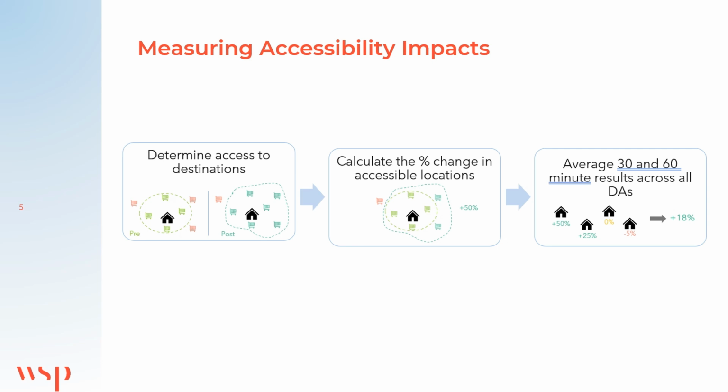But equally, we could use traffic area zones from a travel demand model or larger census units, or any type of spatial geography in order to assess access. We do that for the existing system, then we do that for the proposed system. We calculate the percentage change in accessible locations, and then we simply report that out. I'm going to go ahead and skip this slide here because this is largely what I described in the previous slide. Anthony.